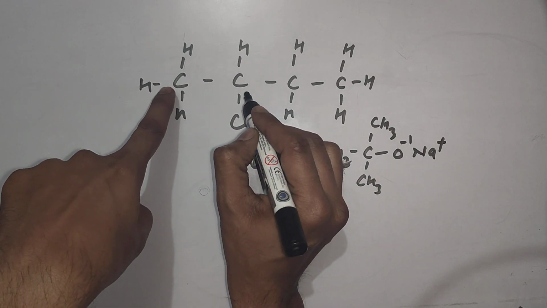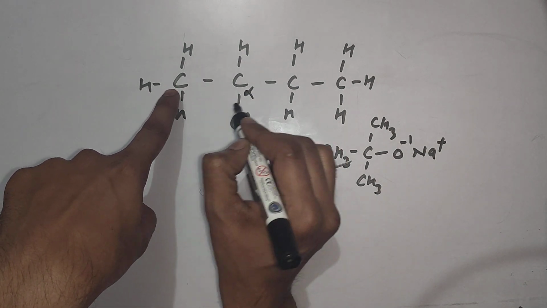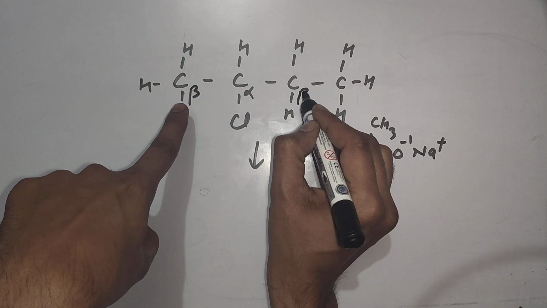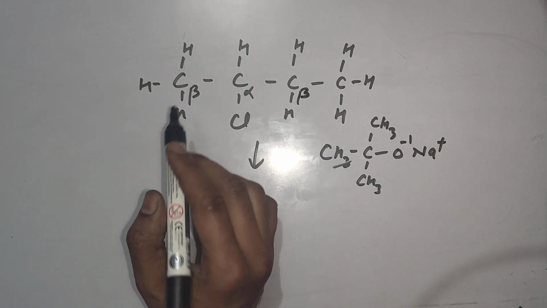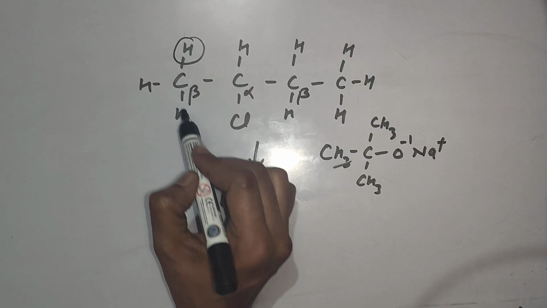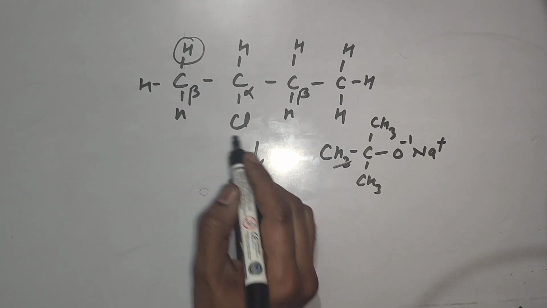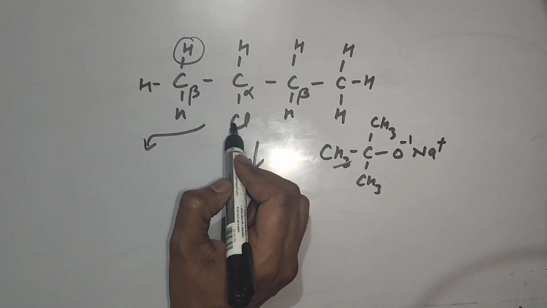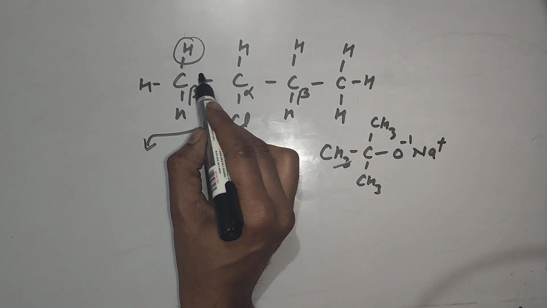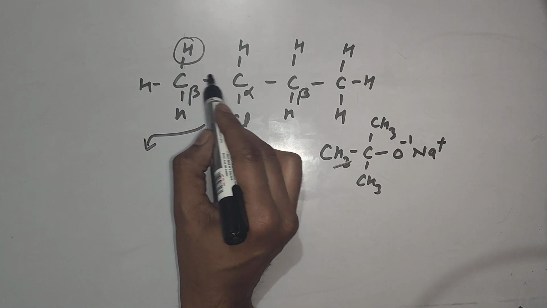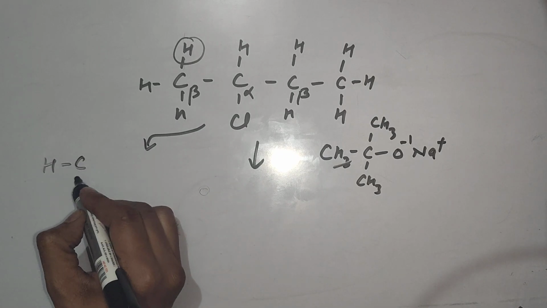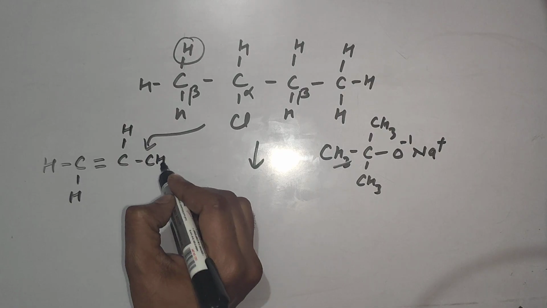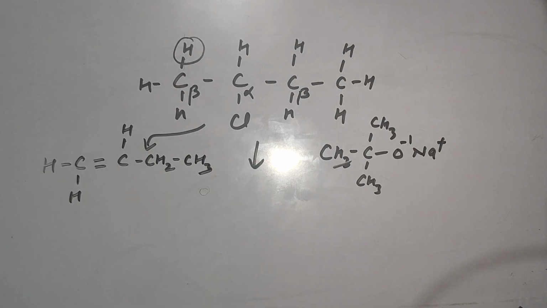Now we have two types of beta carbons. This is alpha, to which halogen is connected. This is alpha, this is beta, and this is beta. If we are using this beta hydrogen and eliminating chlorine, I will get this alkene, check. This hydrogen and this chlorine will be eliminated and a double bond will generate here between these two carbons. So the alkene will be this.